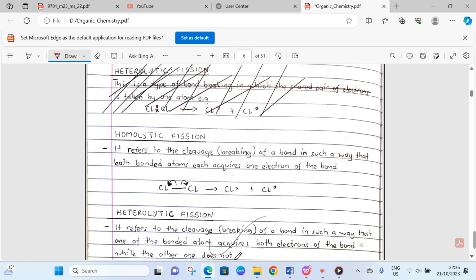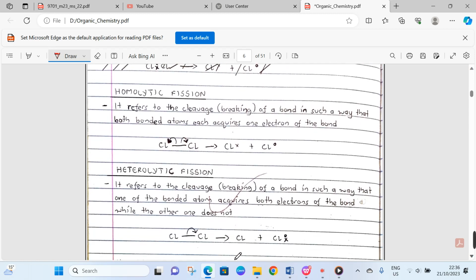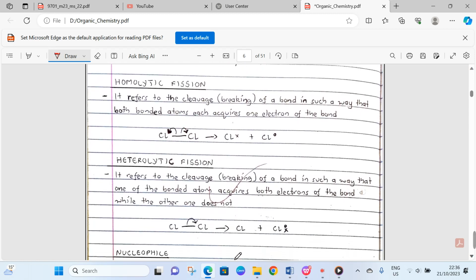Let's move on to processes. Let's move on to the new subheading called homolytic fission. Homolytic fission is just a concept that we use for the breaking of, usually, a halogen molecule. The halogen molecule breaks this covalent bond to produce radicals.